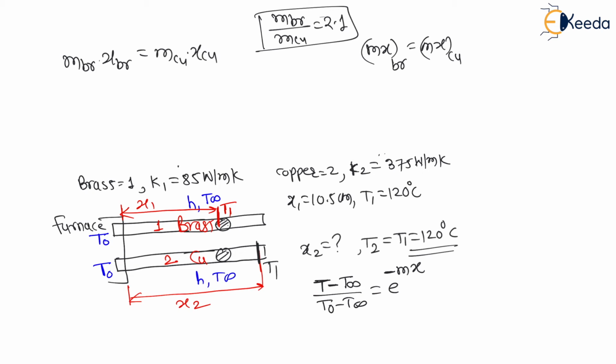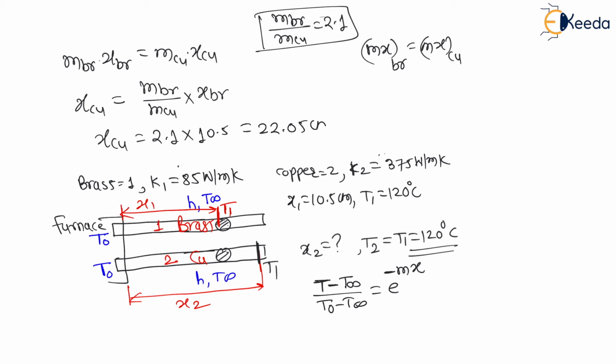We have to find x of copper. Therefore x of copper, the distance in copper for the same temperature, will be equal to m of brass divided by m of copper, into x of brass. Just now we calculated 2.1, and x of brass, the location x1, is 10.5. So let us simplify. I will get the answer as 22.05 centimeter.